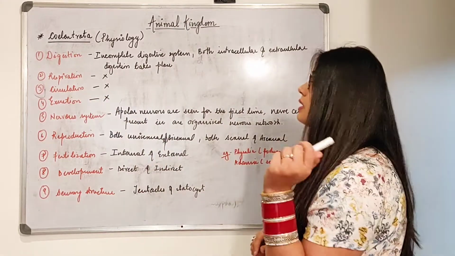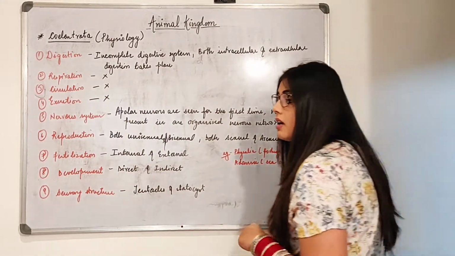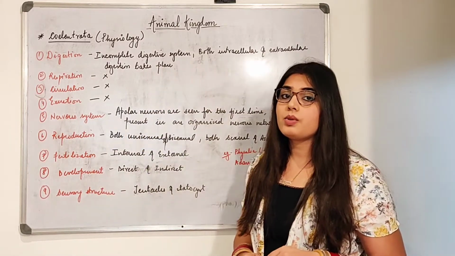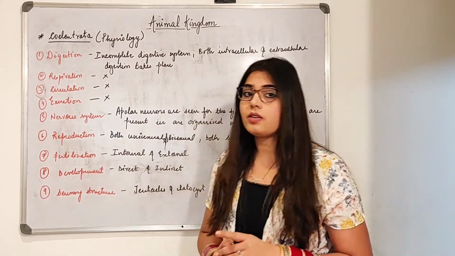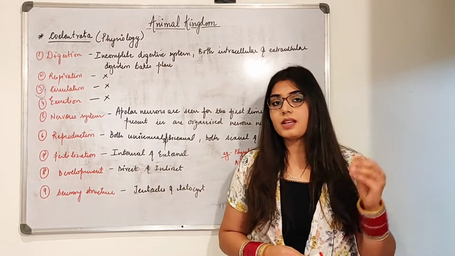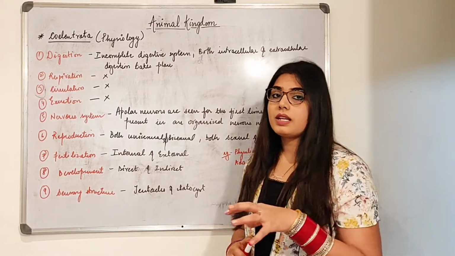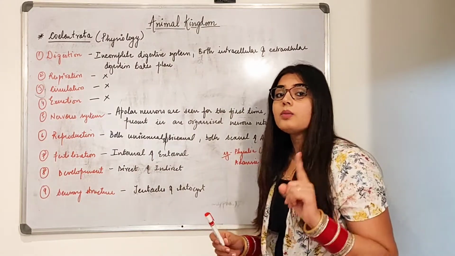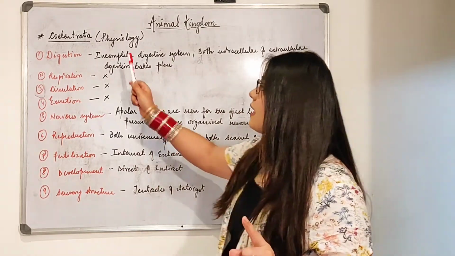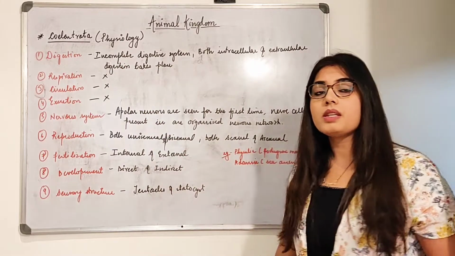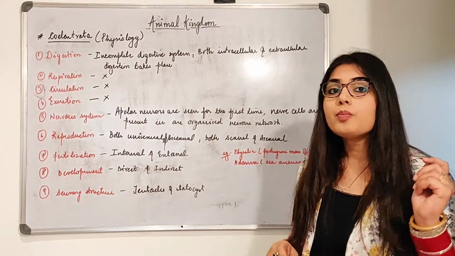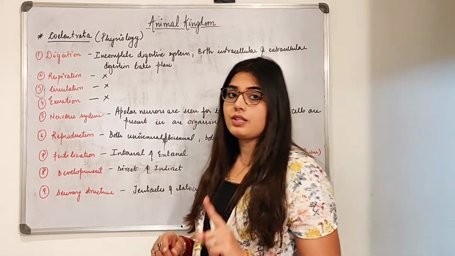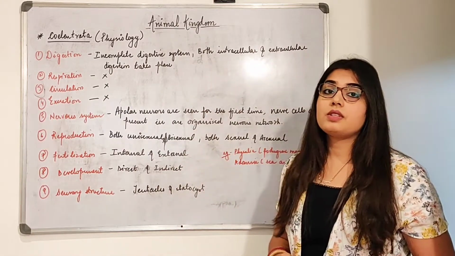First we will begin with digestion. In Porifera, you studied that only cells are present, so the digestion there is only intracellular digestion. That means the food comes inside the body and goes directly inside the cells, where digestion takes place. But here, beta, the digestive system is incomplete, and both extracellular and intracellular digestion are present.